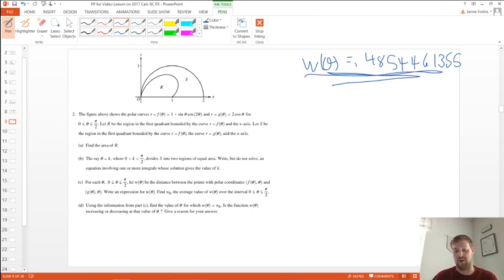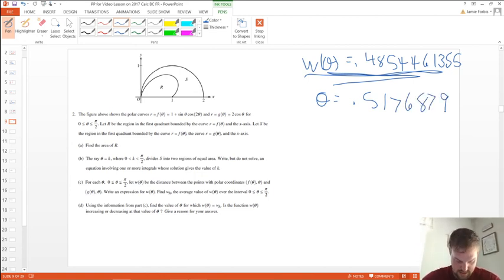Anyway, I found that intersection in the calculator, which was pretty cool. And it ended up being theta equals 0.517687795.